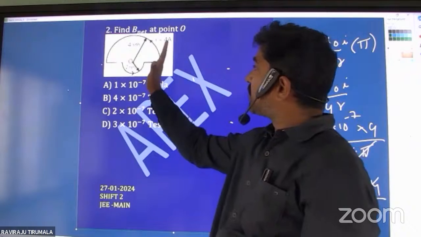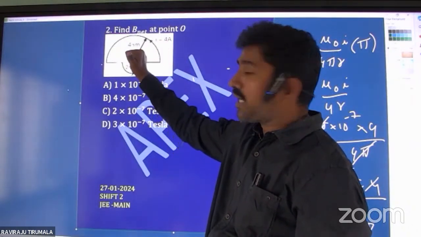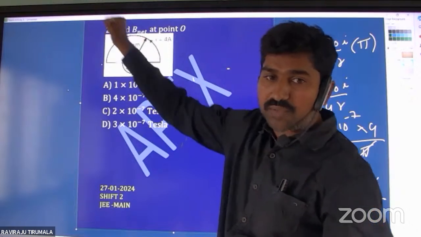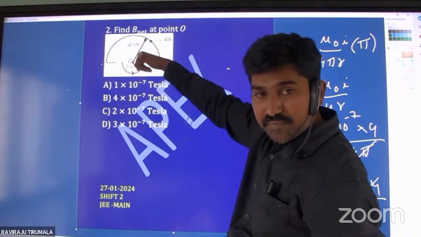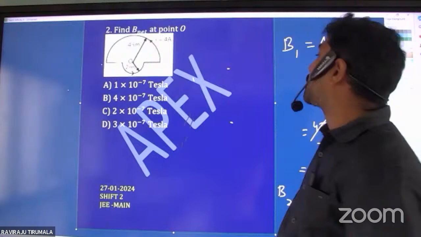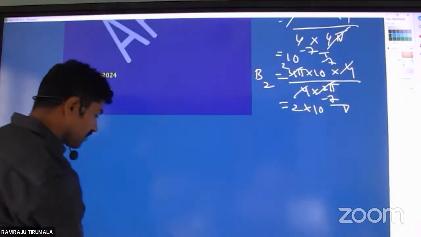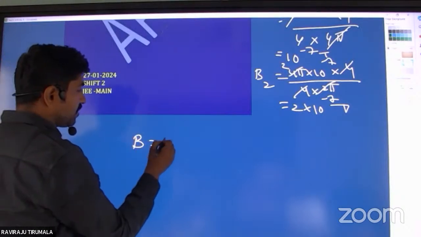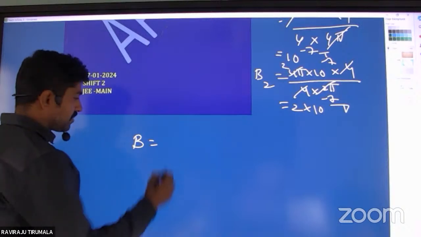See, for the upper part of the circular loop, current is passing like this, so the magnetic field will be perpendicular, that means out of the plane. For this one also the current direction is the same, so the magnetic field is outside. So you have to add both of them. The resultant magnetic field will be the sum of these two, 1 into 10 power minus 7 and 2 into 10 power minus 7.